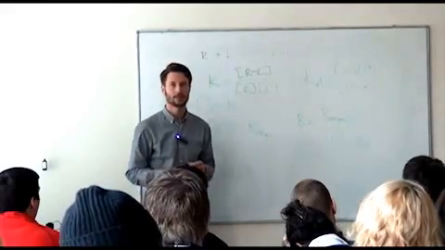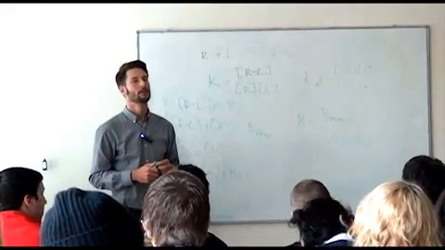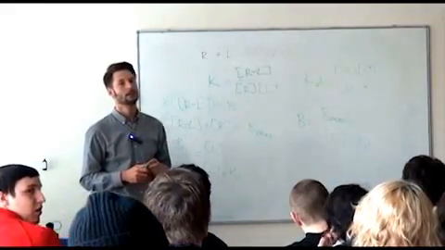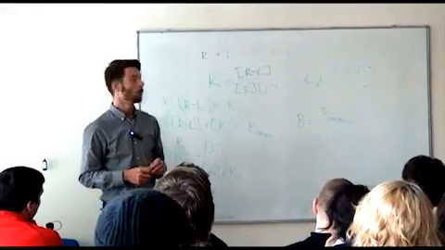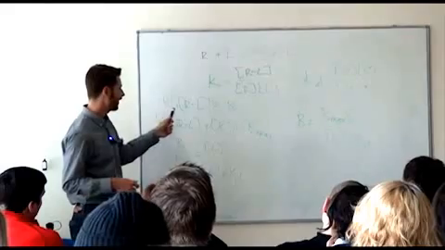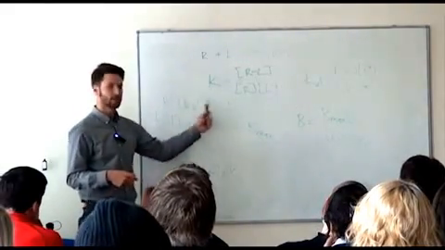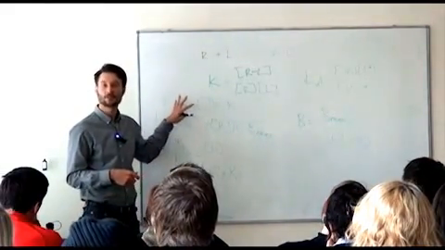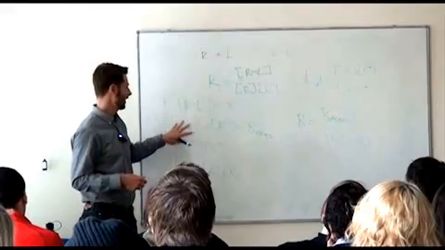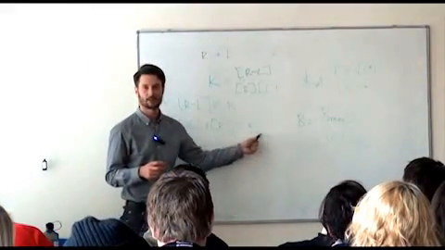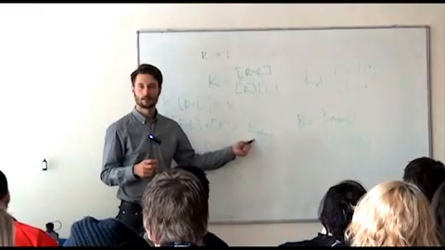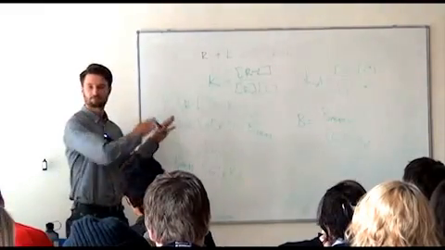Yes? When you don't know R or KD to begin with, how does Bmax work? Well, that's the thing. If we make these definitions, we don't need R because it just disappears, because we just measure Bmax. That was the whole point of this complicated thing.